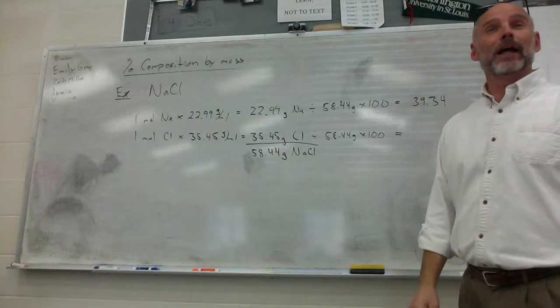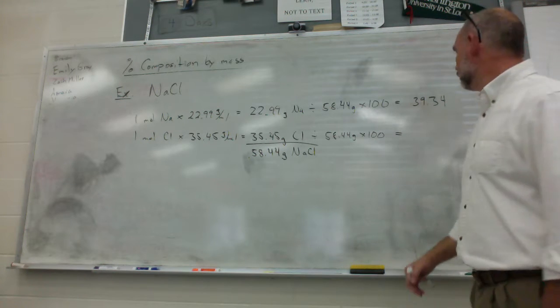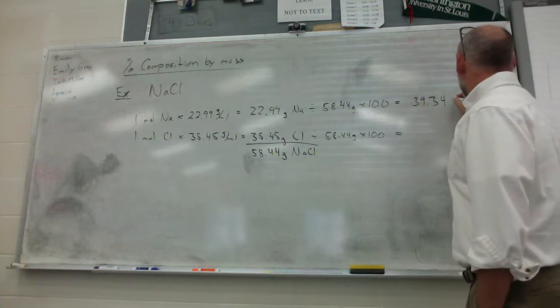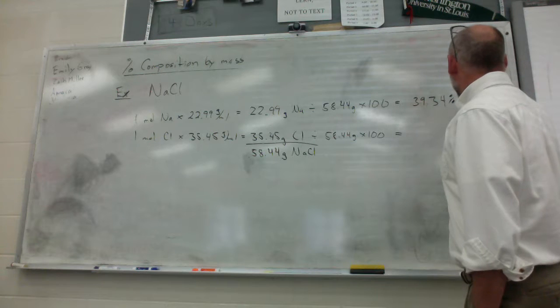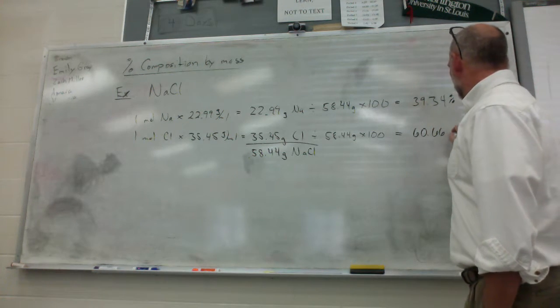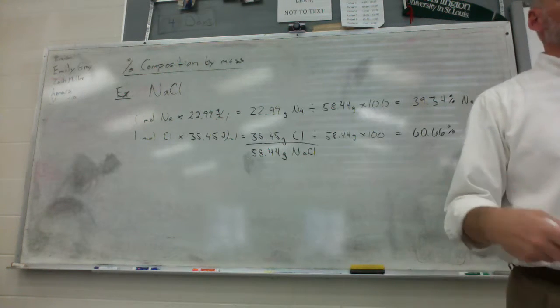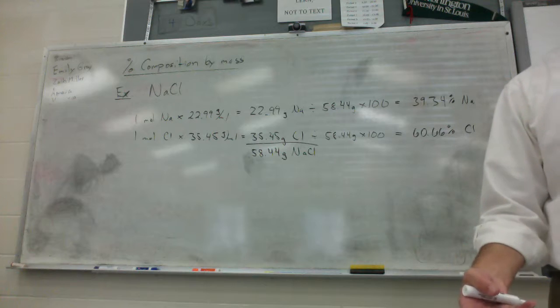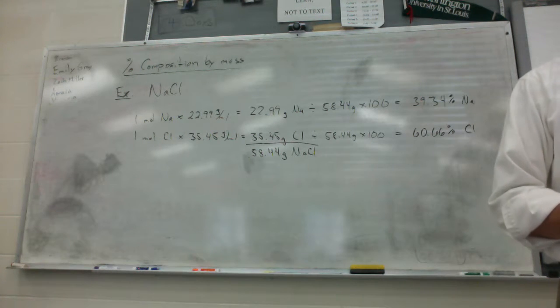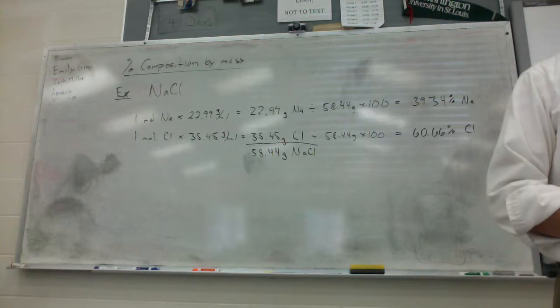What is the percent? It's 39.3395. So, you're right. Okay. And Gunther, what do you have? 60.66. Now, that could have been easy since there were only 2 elements. We could have just subtracted from 100 or actually do the calculation. How hard is that? Not very hard at all.